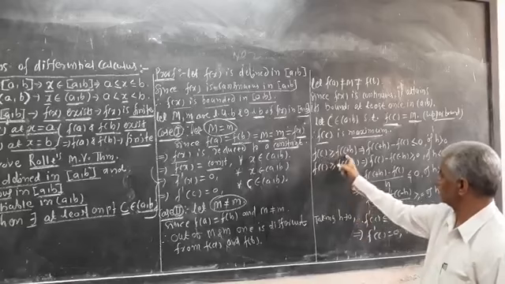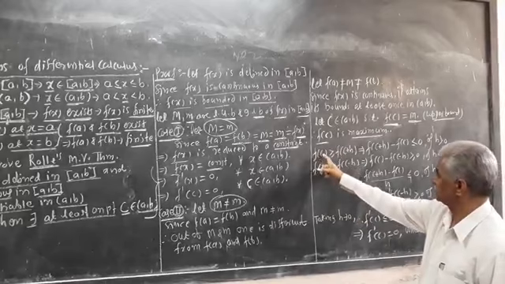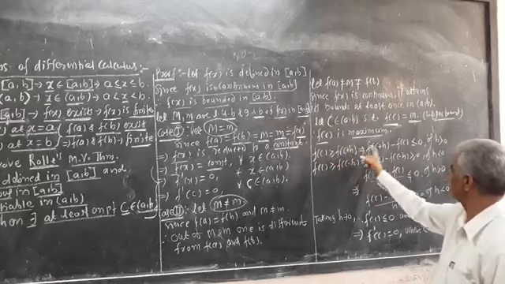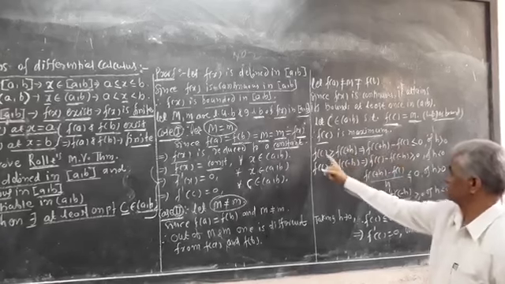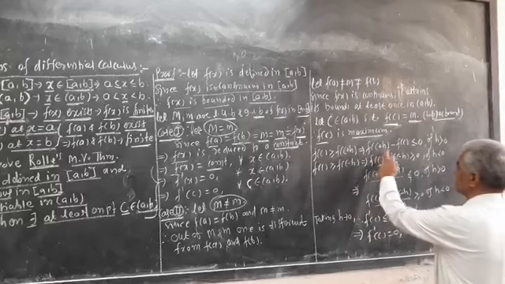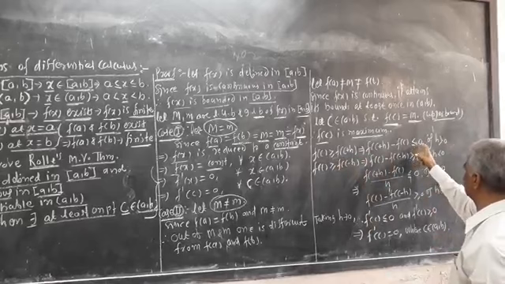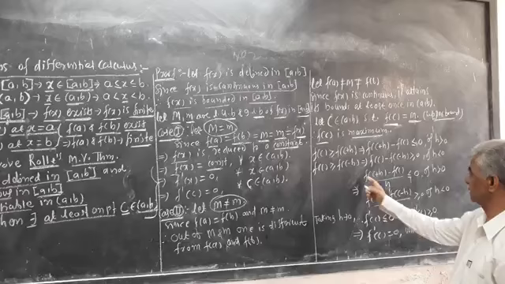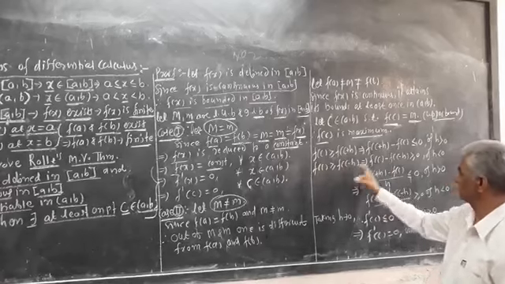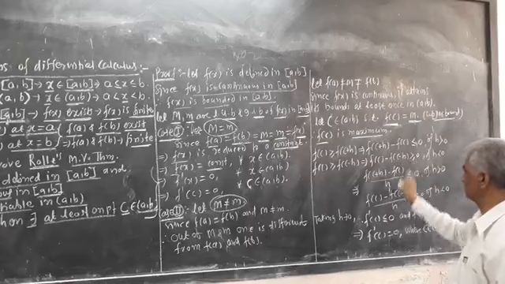Then we have this inequality, we shall simplify it. Transfer f of C to this side, then f of C plus h to this side, minus f of C plus h, 0 is greater than, change the sides. When you change the sides, the inequality sign changes: it is less than or equal to 0. Similarly here, you transfer this term to this side, f of C minus f of C minus h, which is greater than or equal to 0.